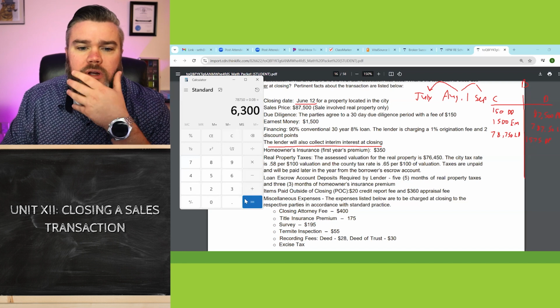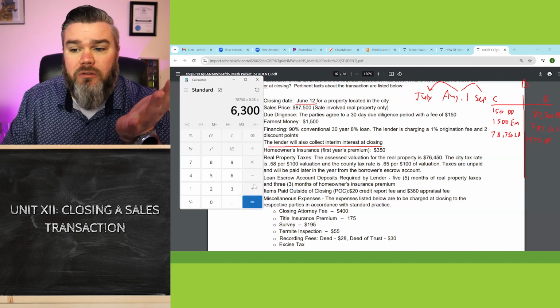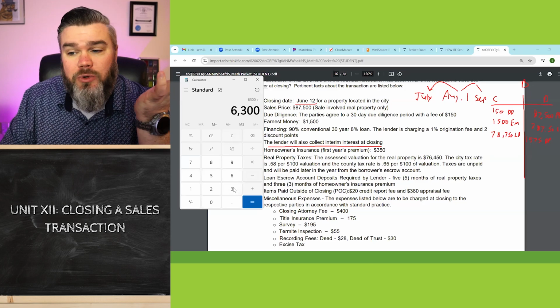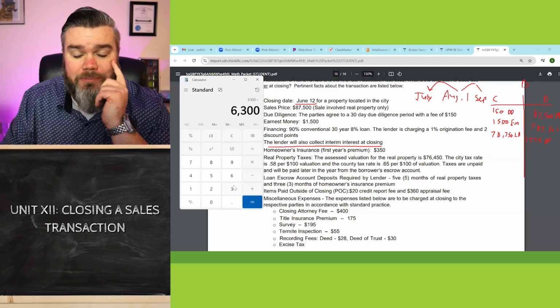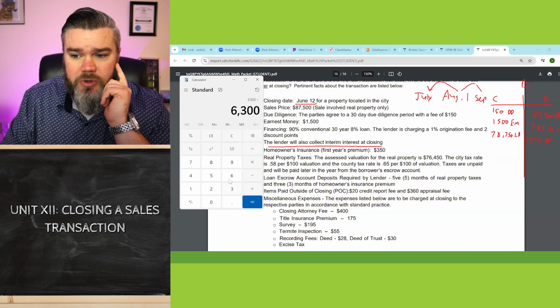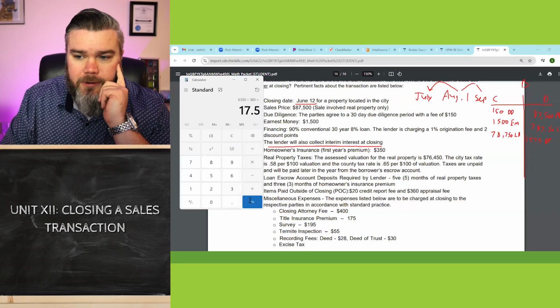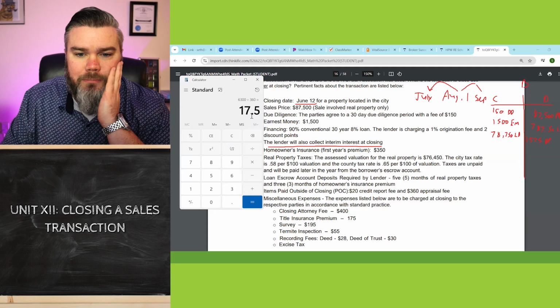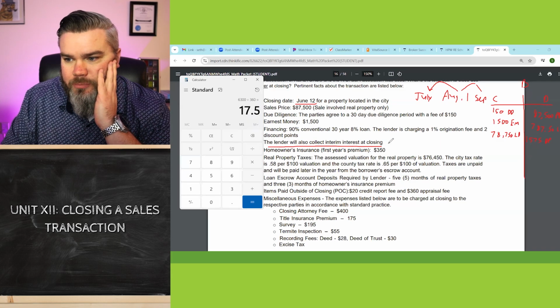And so what we really are looking for is days worth of interest. So you're going to divide this by 360 or 365, depending on which method we're using. This sheet is based on 360. And so this is how much interest the bank would want per day given the current balance. So that's your per diem for interest. And I'm just going to write this down.